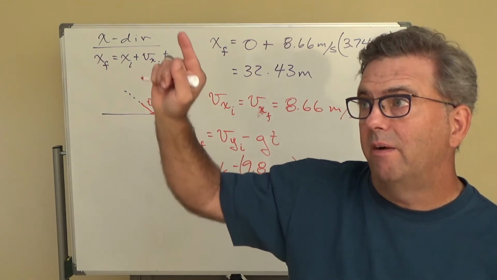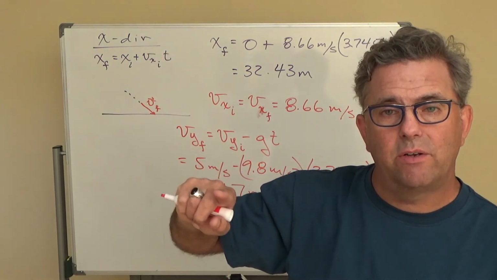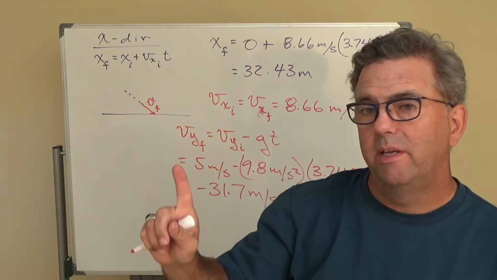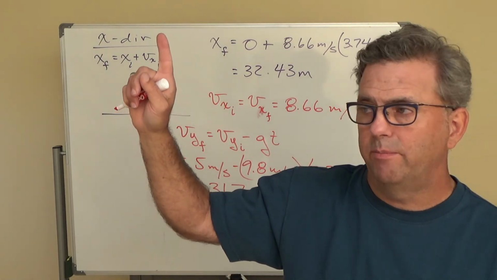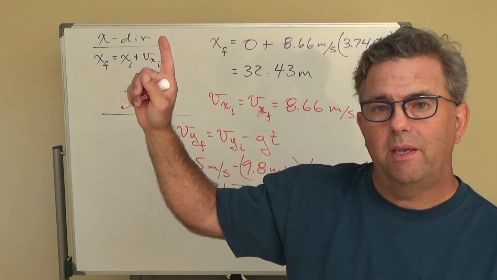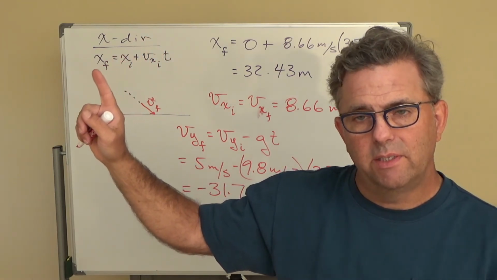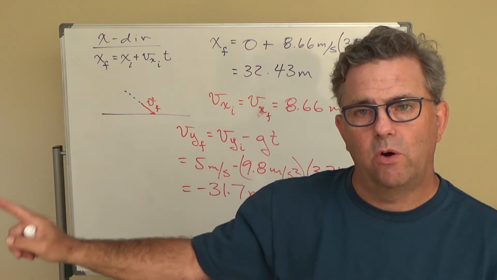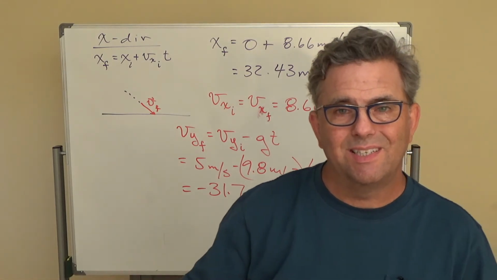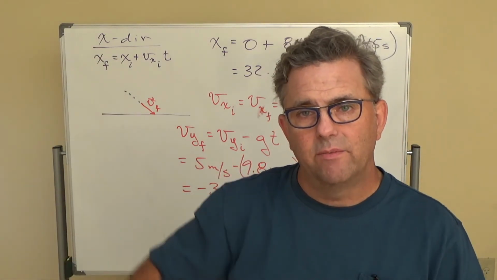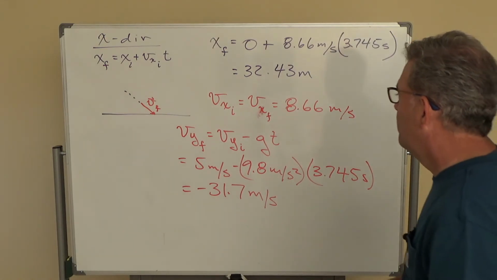During the beginning of the trajectory, if we were to calculate the y velocity, it would be positive, positive, positive. It reaches that peak. Then the velocity is negative, negative, negative, getting larger and larger in the sense of the negative direction. Okay?